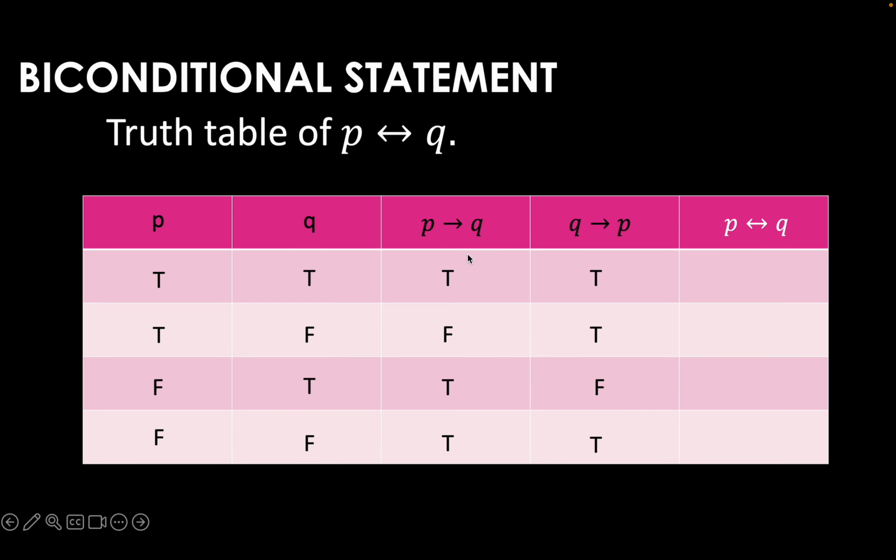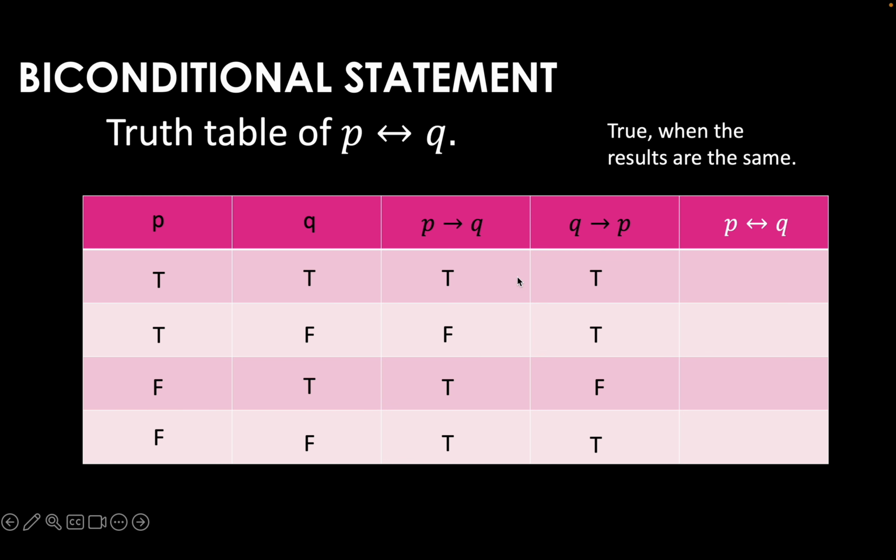So we will look at the conditional statement and the converse statement. Now, how can we identify the biconditional part in our truth table? It is true when the results are the same. So if your conditional statement is true and your converse statement is true, the result of your P if and only if Q is true.